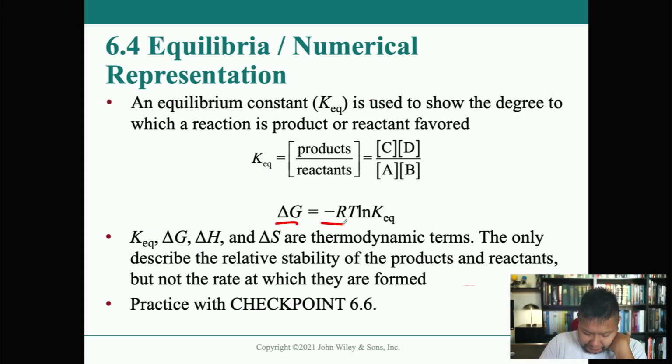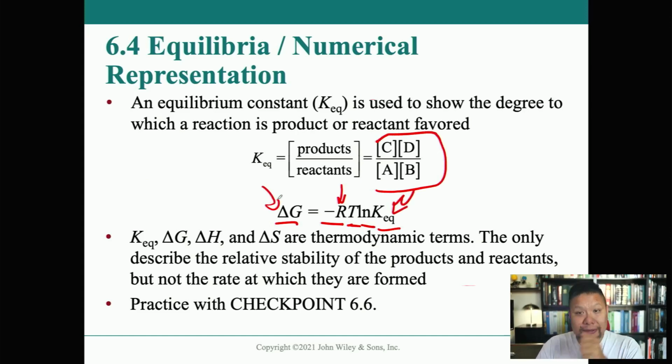I think that's the ideal gas constant. Tell me in the comments below if you're watching this on YouTube if I'm right, but I'm pretty sure the ideal gas constant is R. And then the temperature of the system, times the natural log of the KEQ, right? So you can literally experimentally determine those things, plug all that stuff in, and you can get a delta G for it, right? Good stuff.